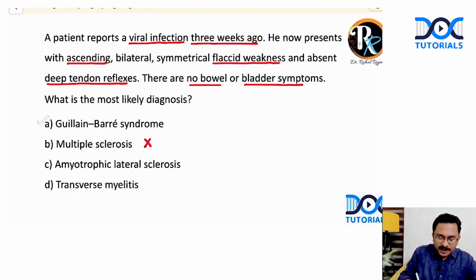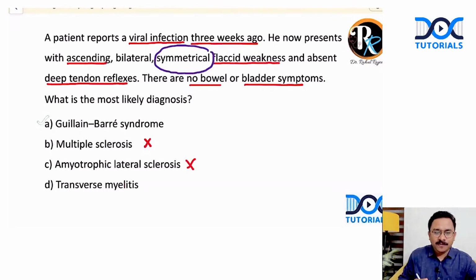In amyotrophic lateral sclerosis, again, this will present with a mix of UMN and LMN findings. But remember, it will not have this sort of a symmetrical presentation because amyotrophic lateral sclerosis has asymmetric presentation. That is what you have got to understand, and it will not produce the typical bilateral symmetric ascending type of weakness.